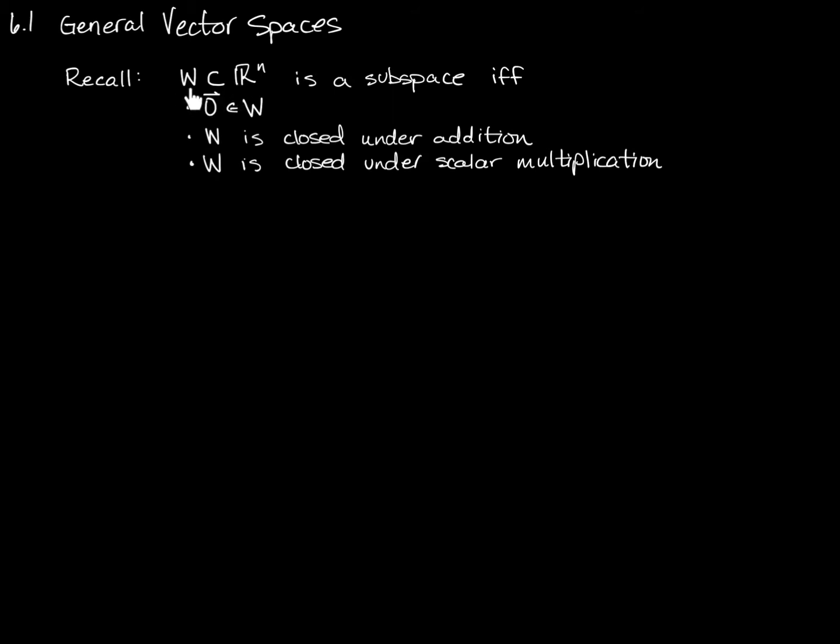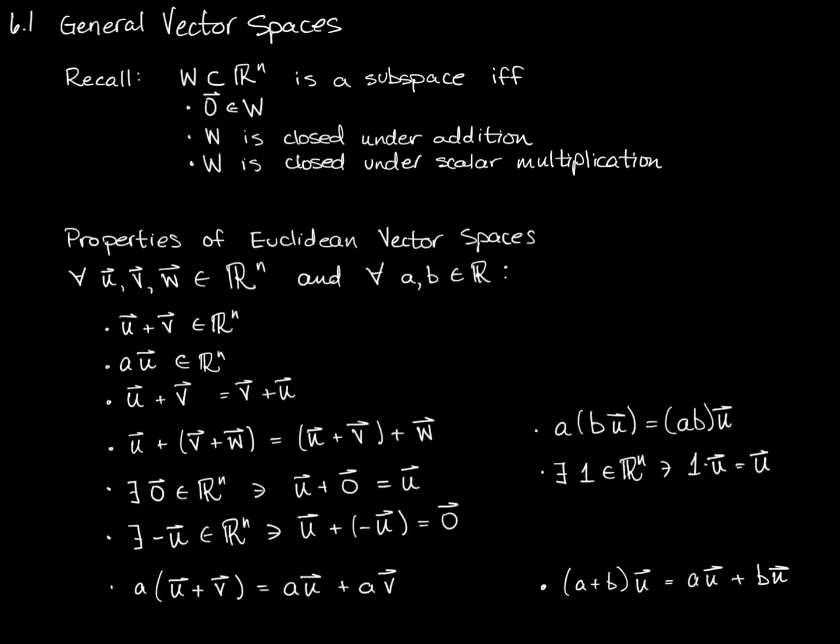And then if I take two things in W and add them together, the sum has to fall back into W. That's what it means to be closed under addition. If I scale something in W, that has to fall back into W as well. If any of these three features is not satisfied, then W is not a subspace. W is a subspace if and only if all three of these criteria are met.